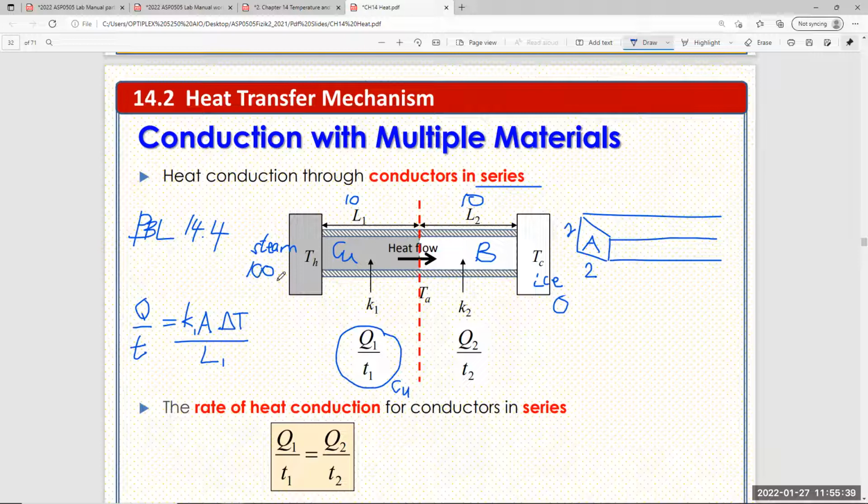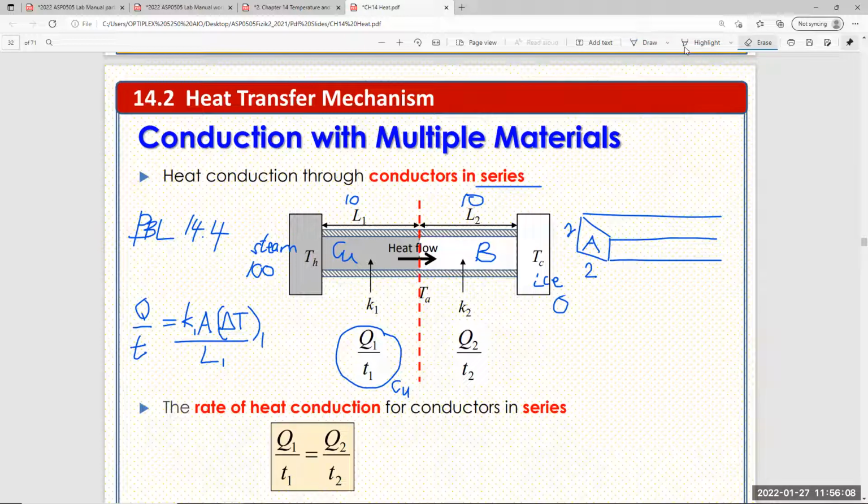I let you do it yourself, but the question is, what is your delta T1? Because it is joined somewhere in between here, I may call the temperature here T at A, but I prefer to use another symbol.